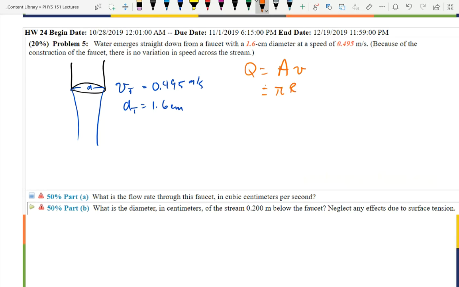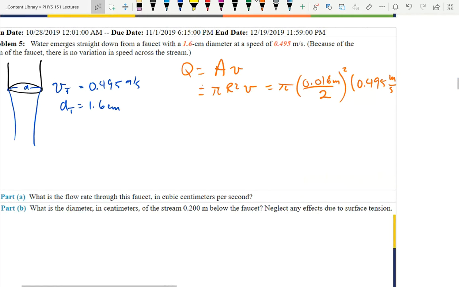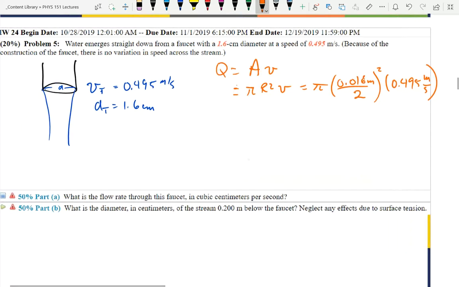So that's pi r squared v. I just put 0.016 meters over 2 for the radius. So there we have the flow rate. And given that we only have 4 minutes left in class, I'm not going to put this in the calculator this time. Go on to part B.